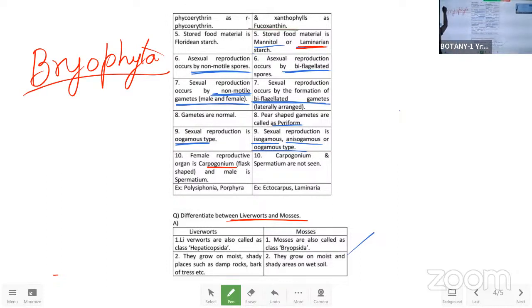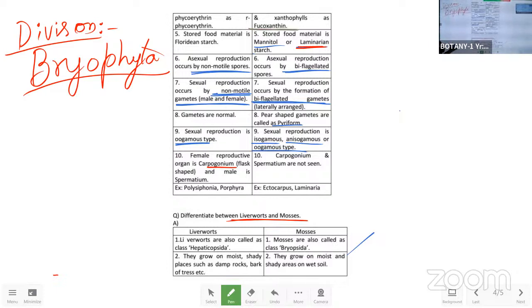This is the division. In this division, Bryophyta, three classes are there. That is the liverworts, hornworts, and the mosses. These are the common names for the classes in this division.